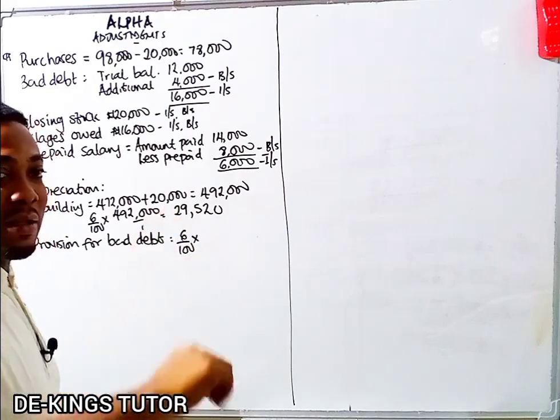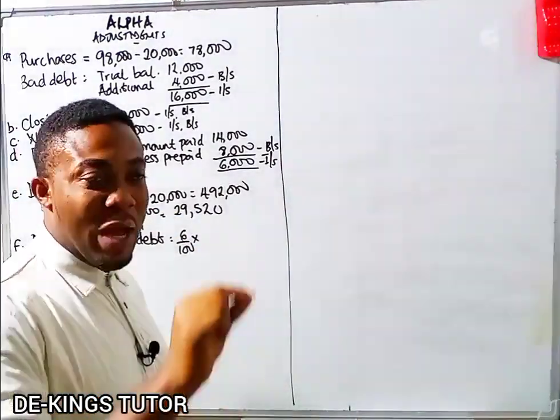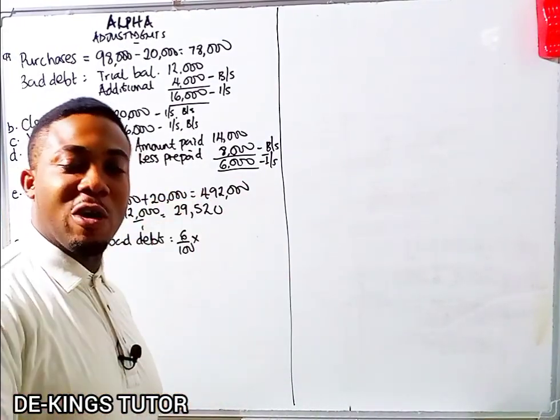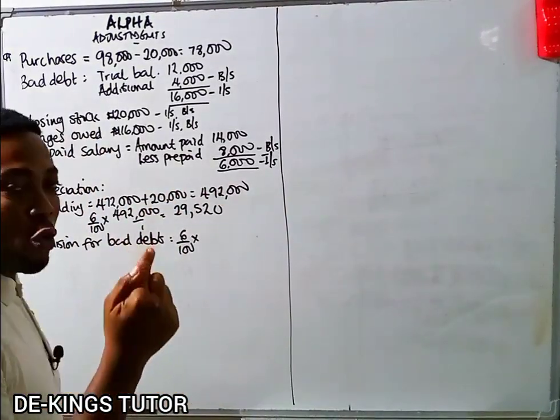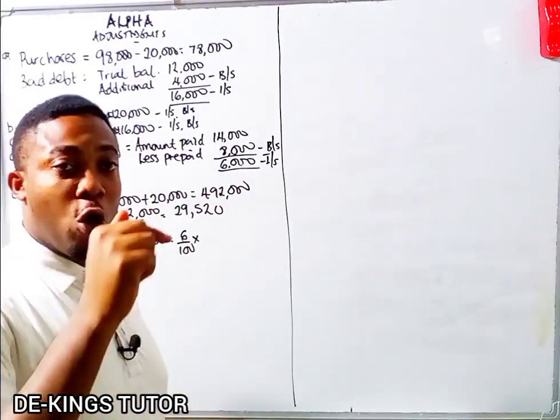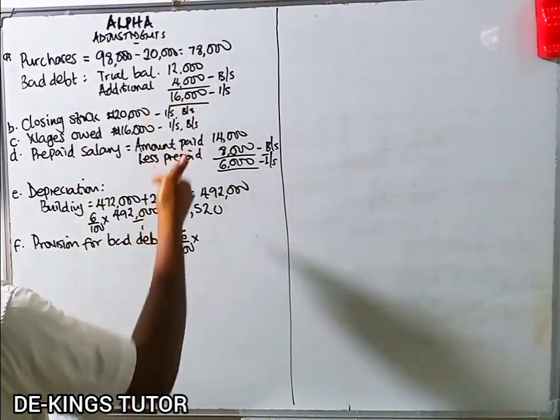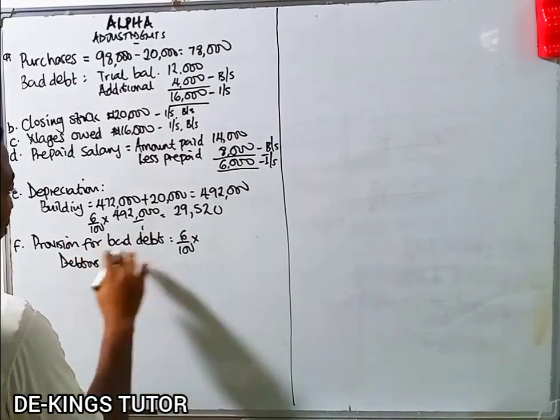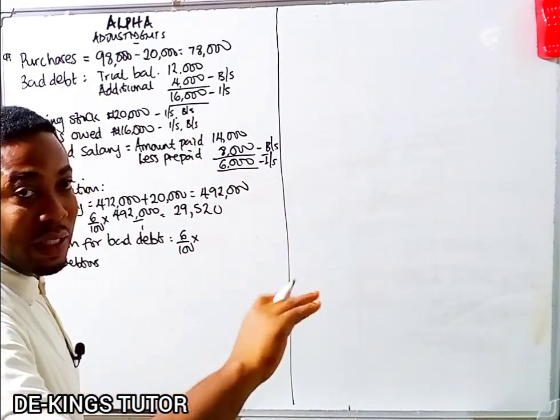But there is an amount that is already bad from the debtors totality. So we are supposed to remove that amount first from the debtors figure to know the current debtors figure before charging the 6%. You only do that when the bad debt occurs in the additional information. Remember, they said additional bad debt is 4,000. So to know the debtors figure we want to calculate the provision for, the provision should be on good debt, not the one that's already bad.